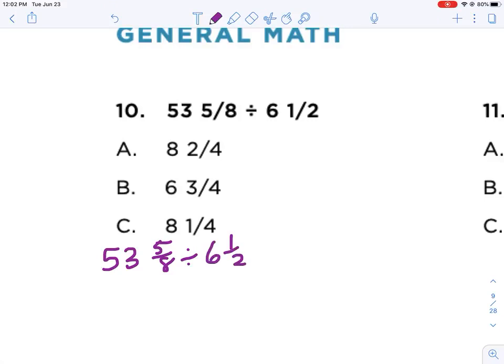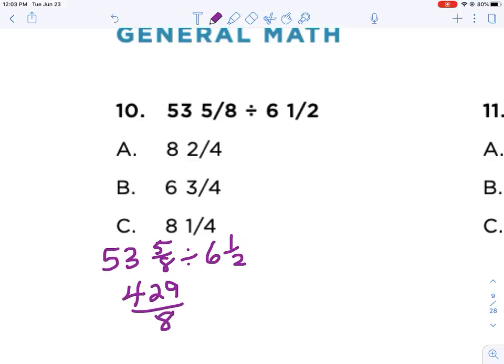So we're going to do that trick that you might remember from an algebra class, or, well, probably earlier than that, like middle school probably. You're going to do 53 times 8, and you can do that on the side if you don't have a calculator. If you have a calculator, you can do it on the calculator. We're going to add 5 to that. So 53 times 8 is 424, plus 5 is 429.